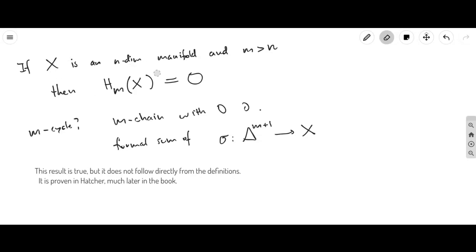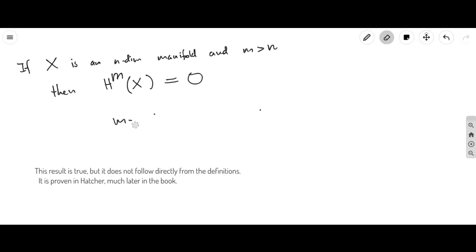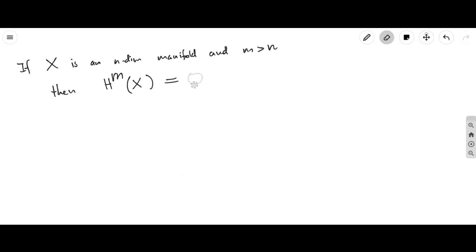However, if X is an n-dimensional manifold and m exceeds n, then it's a triviality, a complete triviality, to prove that the m-dimensional cohomology must be 0. Because cohomology is done using differential forms. And when you rephrase this problem on the level of differential forms, it will be immediately obvious why it has to be 0. Because what is going on?